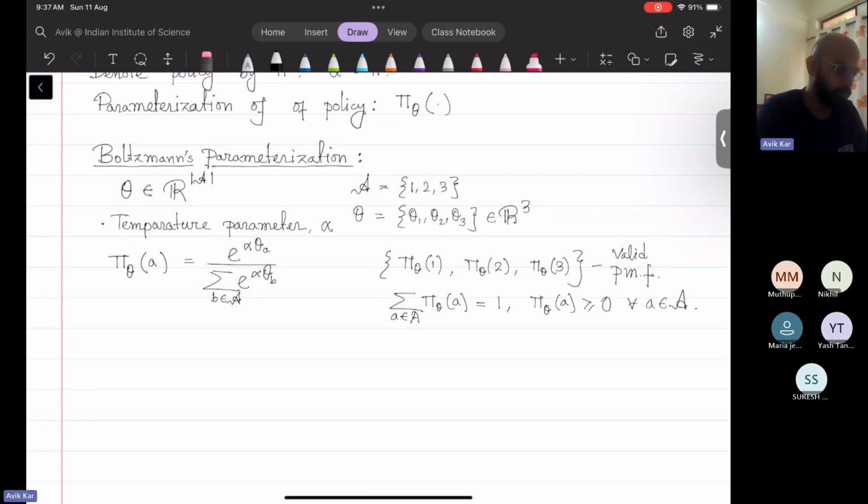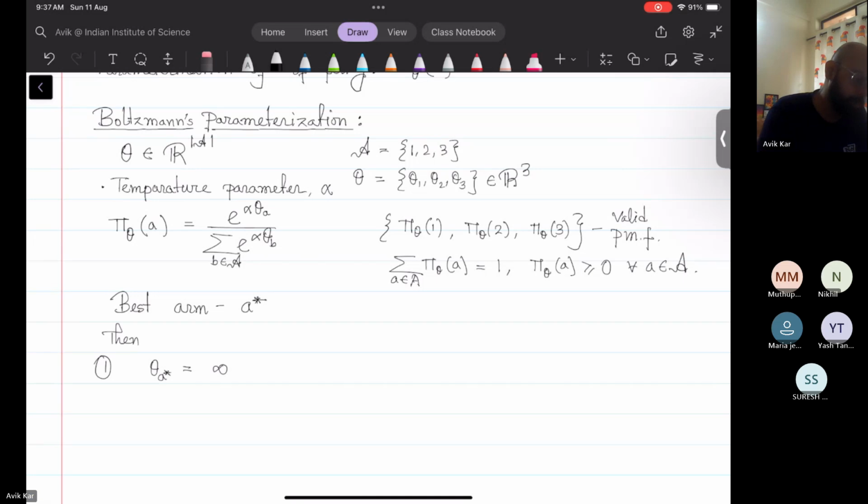So for the ideal case, if you know which particular arm is the best arm, say the best arm is a star, then option 1 is to take theta a star. There are lots of options. Sure, so theta a star equals positive infinity.